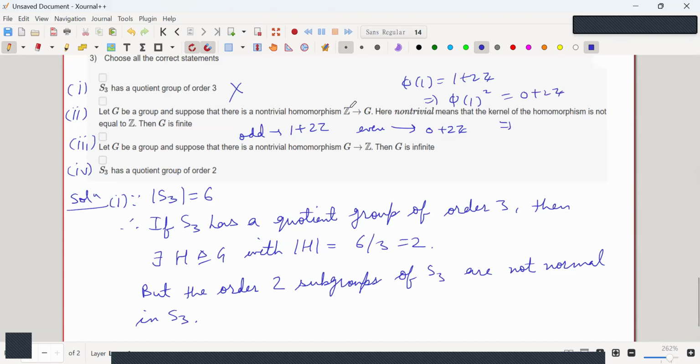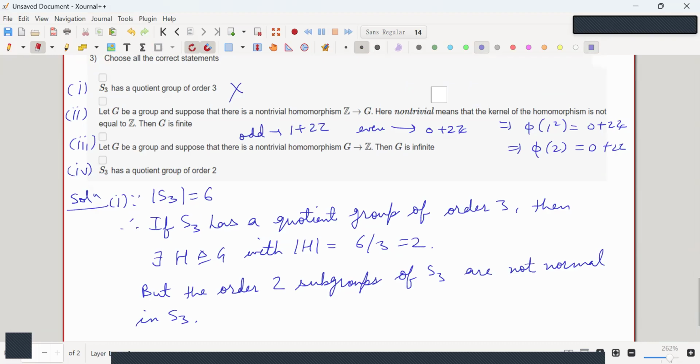This just means that 2 is mapping to 0 plus 2Z. That's fine. 2 is an even integer, so that's what we are supposed to get. It has to map to 0 plus 2Z. So this says that not in every case we will get G is infinite. There are cases when G can be finite.